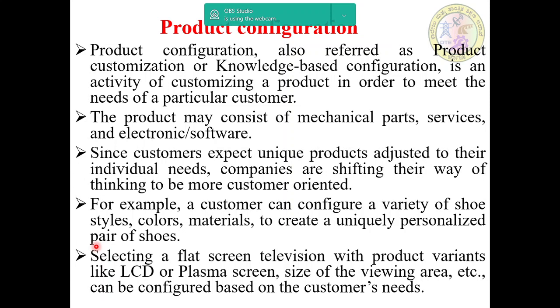or select a flat screen television with product variants like LCD or plasma screen, or the size of the viewing area, etc. These can be configured based on the customer's needs.